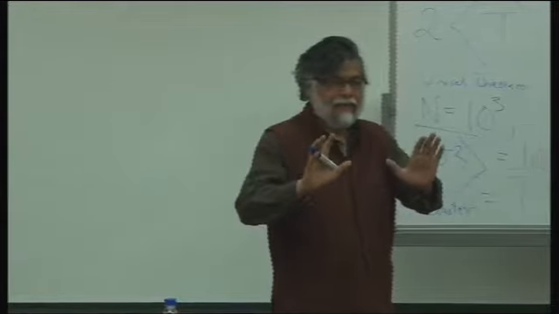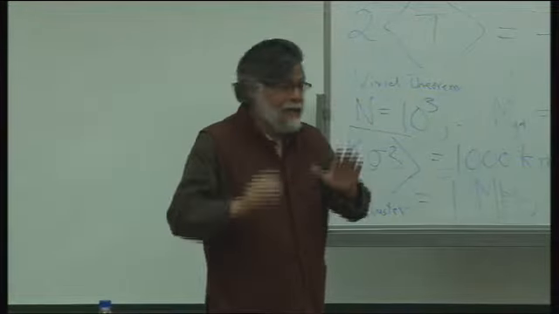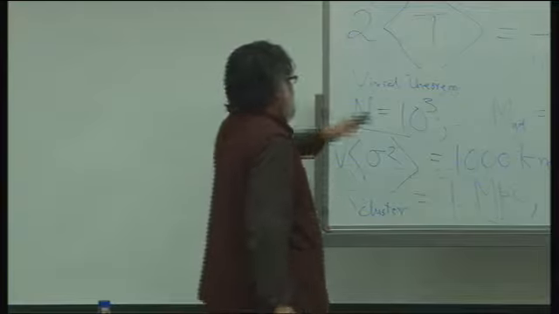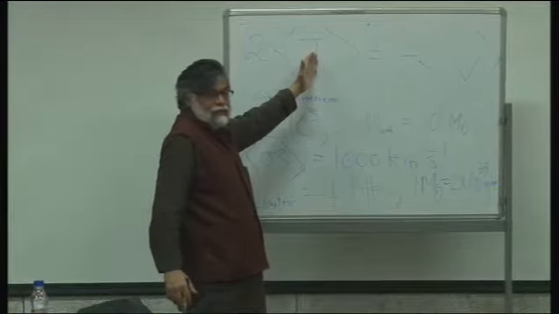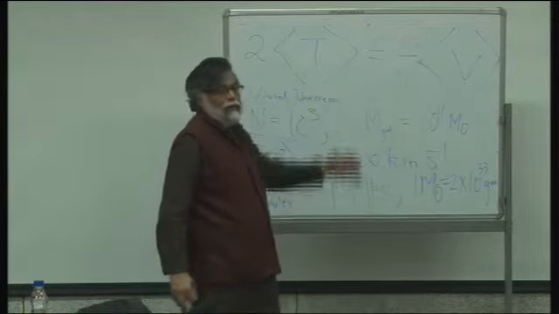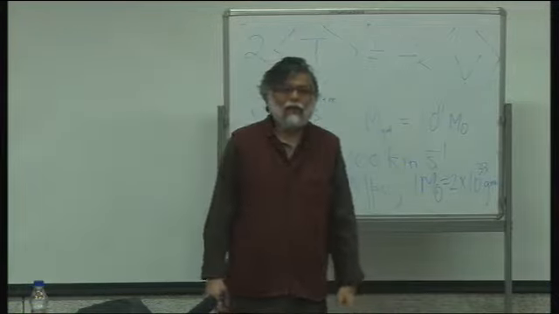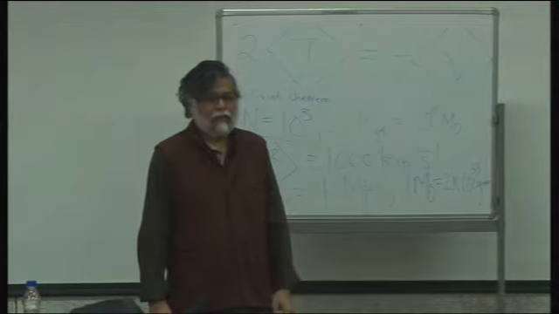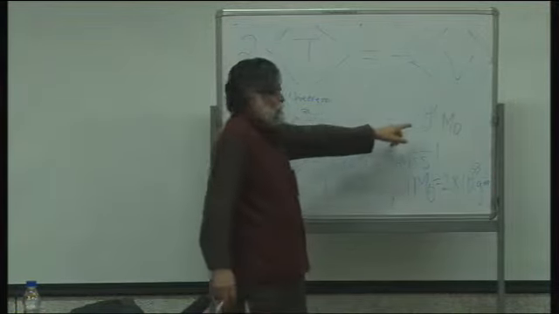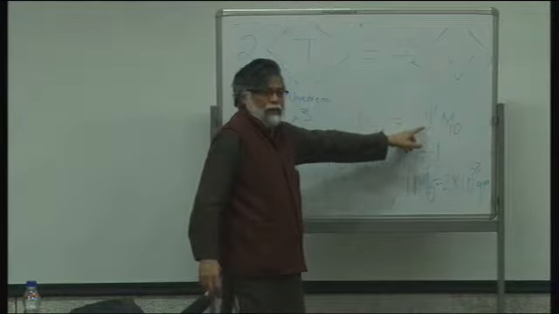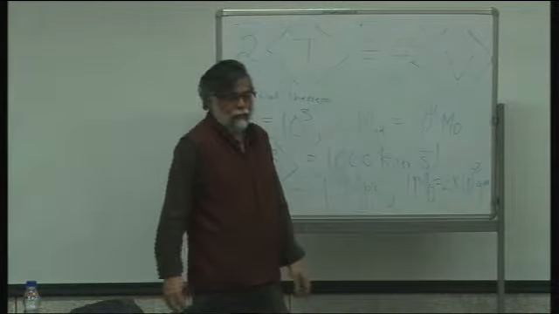So please do it. I'll only give you the result. The result is that you will find that twice the average kinetic energy is much greater than minus the average potential energy, if you take m to be due to the visible matter alone.